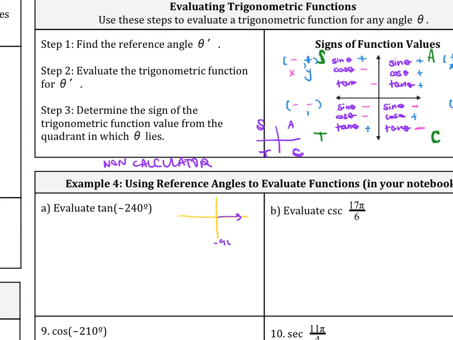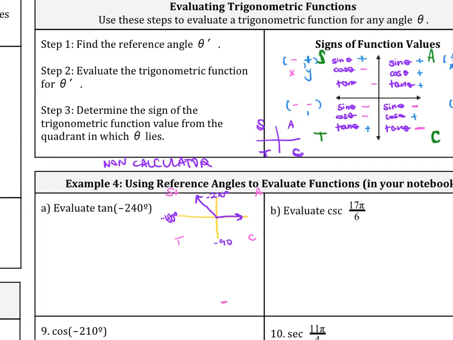Remember, this is negative 90, negative 180 degrees, and negative 270 degrees. So negative 240 means it's going to end up here, which is quadrant 2. So remember A, S, T, C. Sine is the only thing positive here. What that tells me is whatever answer I get at the end is going to be negative.